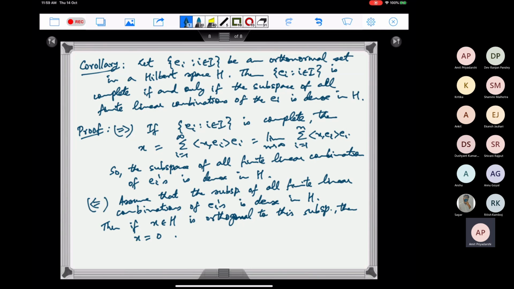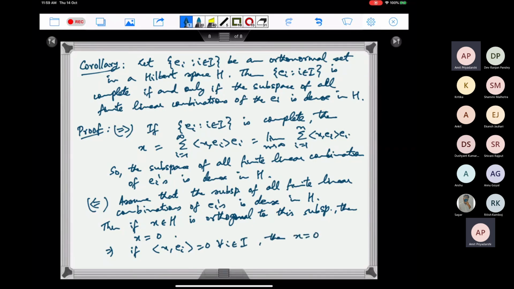So this implies that if x is orthogonal to each ei, then it has to be 0. So this implies if x dot ei equal to 0 for all i in I, then x must be equal to 0.